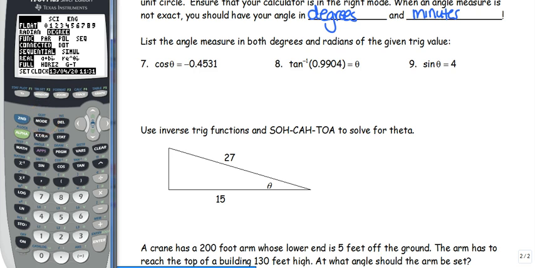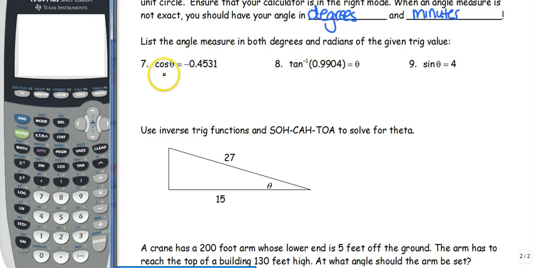I checked my mode on my calculator. It's in degrees. So my first answer, we'll go ahead and do degrees. Because we want to find theta, we want inverse cosine, negative, you can put the 0, don't have to, 0.4531. We hit enter, and then we have to do our DMS.